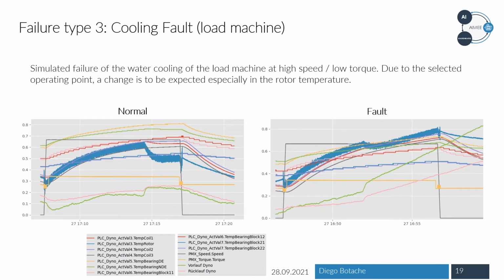For the cooling fault at the load machine, a failure of the water cooling was simulated. For the operating point shown in these two plots, using the same time scaling, we see that on the right side the temperature increases a little faster than on the left side, and a new operation mode of the cooling machine does not decrease the temperature of the sensor, which keeps increasing.